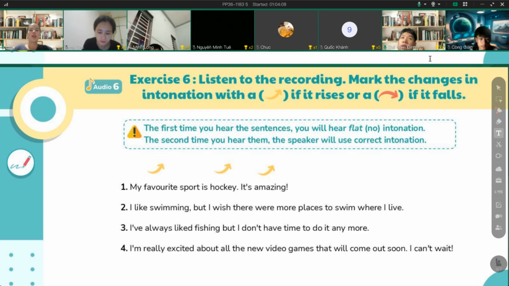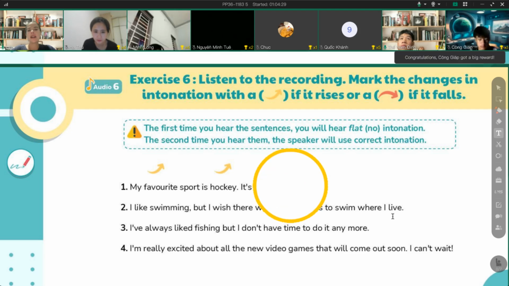Okay, so no intonation would be I've always liked fishing, but I don't have time to do it anymore. And then the correct intonation would be I've always liked fishing, but I don't have time to do it anymore. It actually sounds more like an actual talking voice rather than a robot reading it, right? Number 4, Jiap, will you please read that one with no intonation?